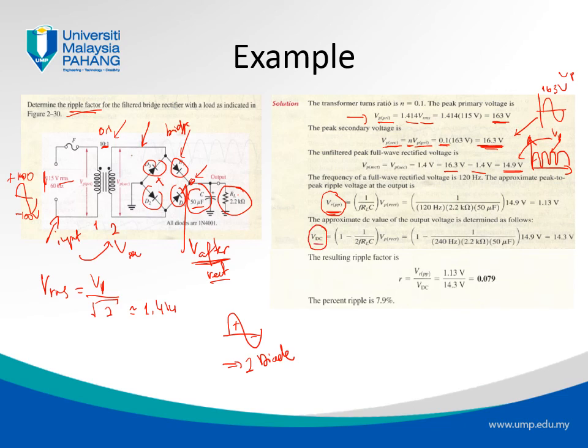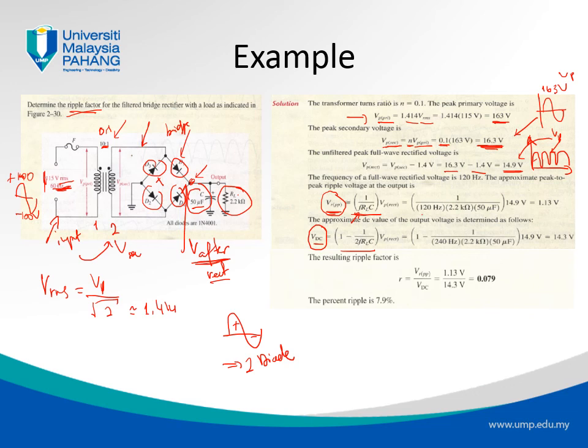We use the formula that we've seen in the previous slide. What's left for us to do is just to replace the value of frequency. The frequency, if we look here, is 60 hertz.